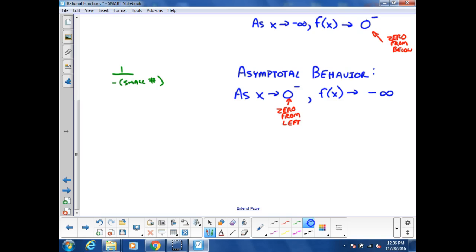Okay. And then as x approaches 0 from the right, what's my function doing?